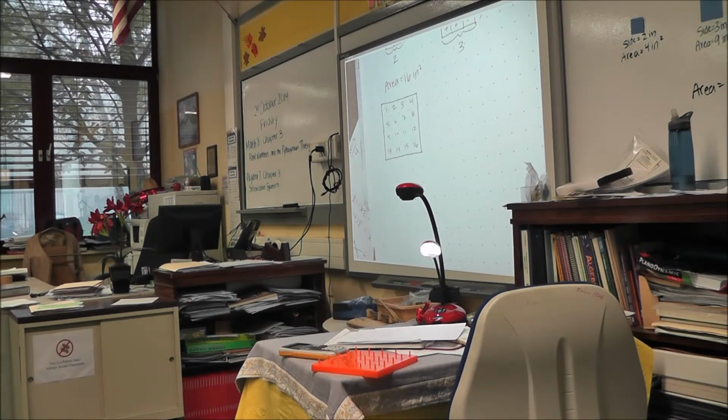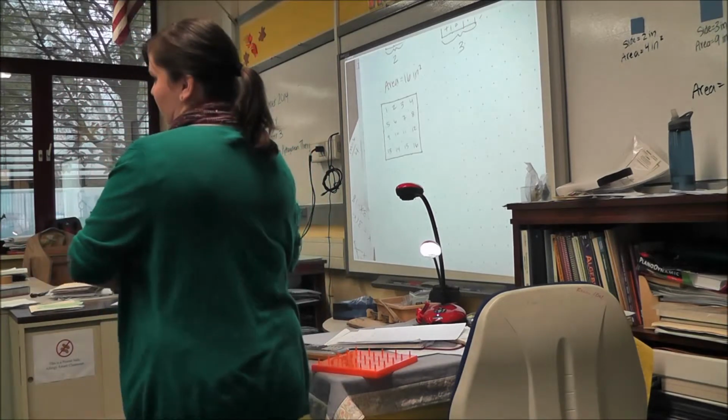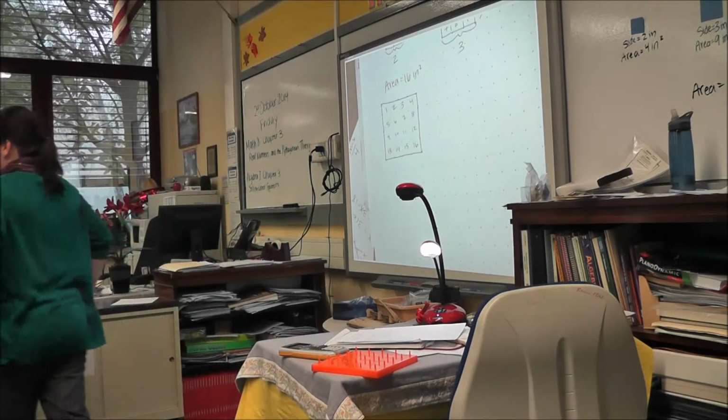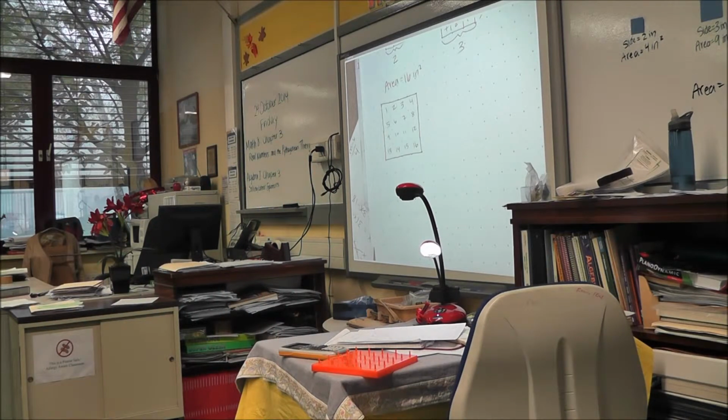I want a square with an area of 8. Remember the properties of a square. All 4 sides have to be equal. They have to have right angles. And side squared has to equal 8.